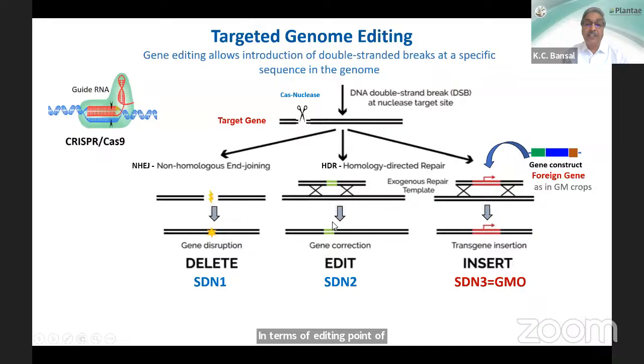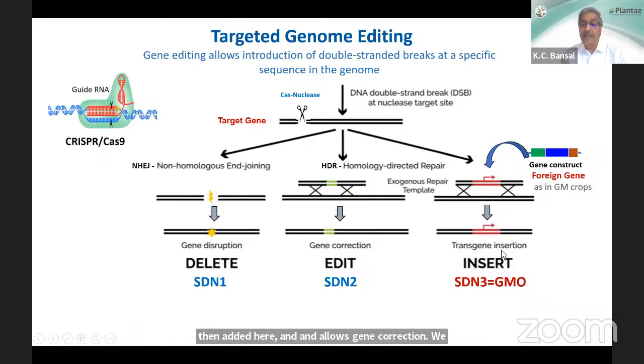The second is that certain point mutations, or a few bases, are replaced or changed using a homology-directed repair mechanism, wherein a template is provided, which is then added here and allows a gene correction. We call it edit, and it is referred to as the SDN2 category of genome editing in plants.